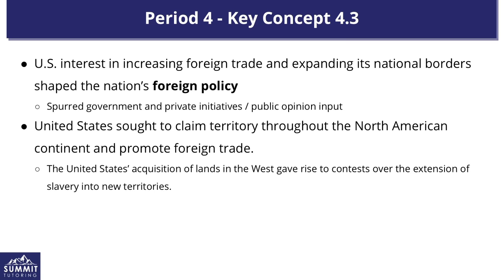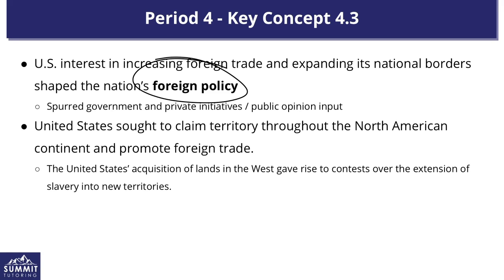So the key concept for 4.3, again, is the US interest in foreign trade is going to go up. We're going to start to see some new foreign policy that's really going to accelerate the trade internationally.